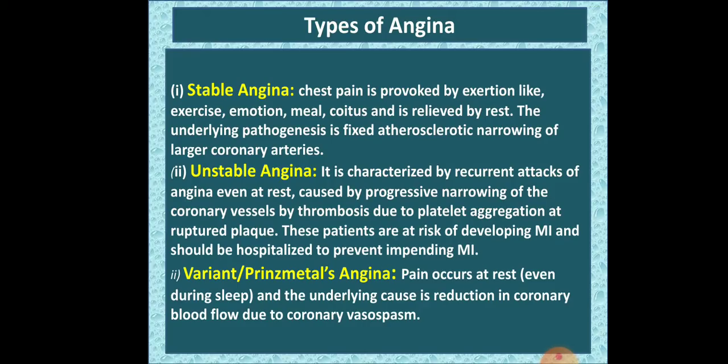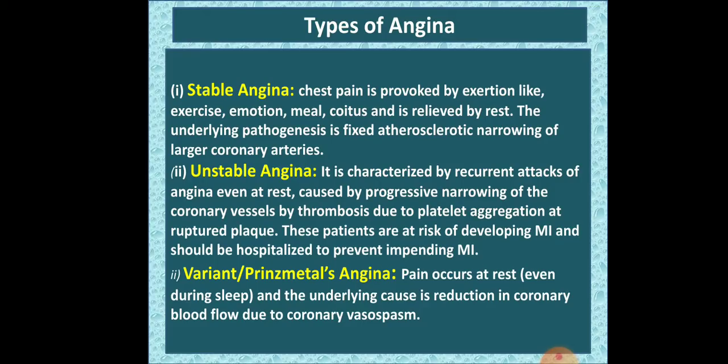Okay? So the three measures. One is the coronary dilator. Second is the agents that reduce the preload, that means the venodilator. Third, the agents which reduce the afterload, that is the arteriodilator. And you can reduce the oxygen demand of the heart by reducing the work of the heart, by decreasing the heart rate and cardiac contraction.